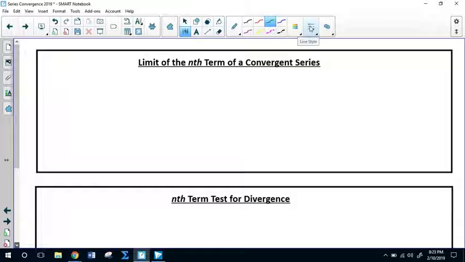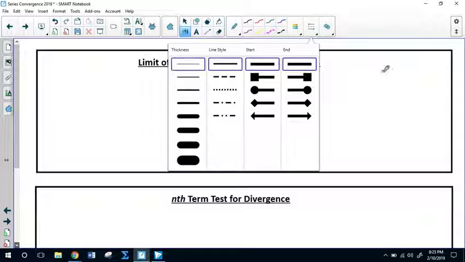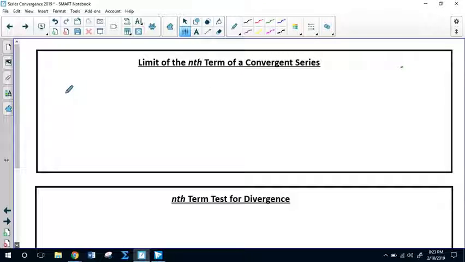This one is the limit of the nth term of a convergent series. Okay. So I'm going to just write some things down. We're going to do a couple practice problems and then take a look at where we are. So this one talks about what happens if a series is known to converge.